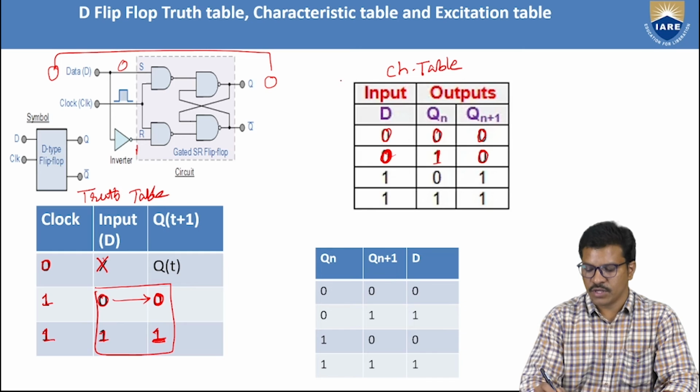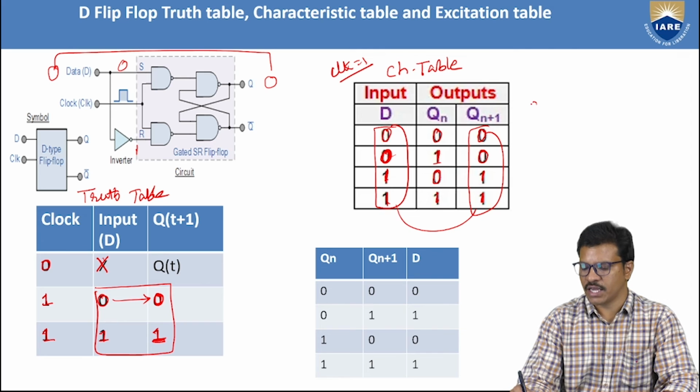Here also we assume the clock is high. When D is 1 and present state 0, you get output 1. D is 1, present state 1, output 1. So these two columns are the same. That's why the characteristic equation Qn plus 1 is equal to D.